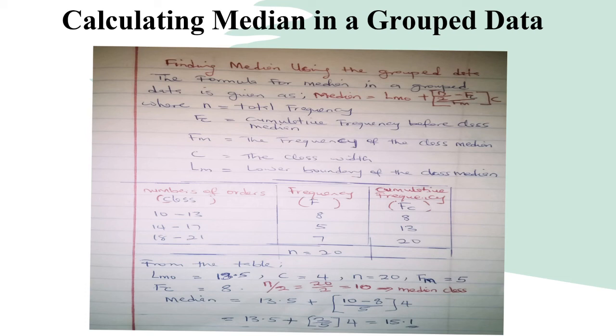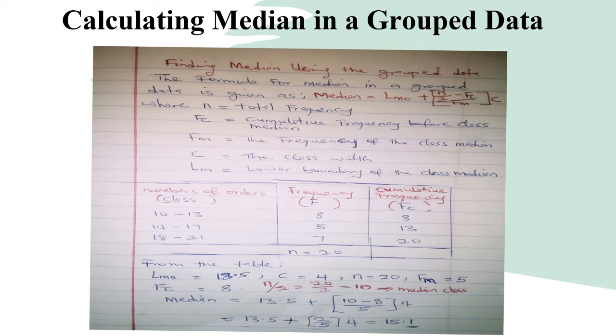In calculating the median, you first look for your n divided by 2 to know your median class. So our n is 20, divided by 2. So we know that our median position will be 10. From the cumulative frequency, you can decide which number falls in 10.